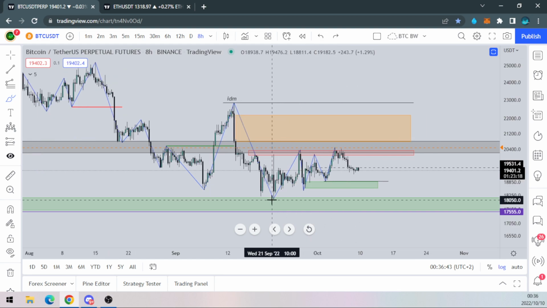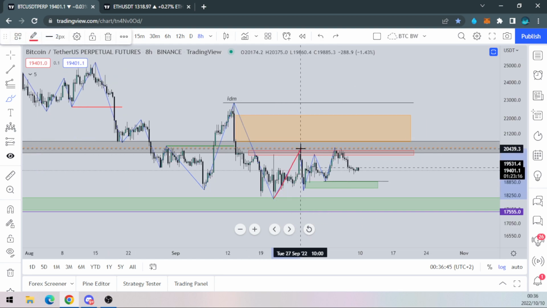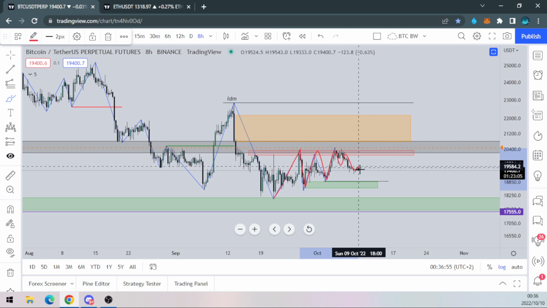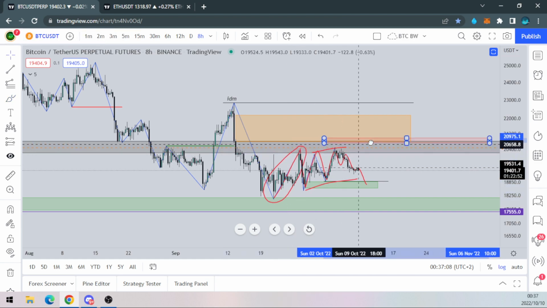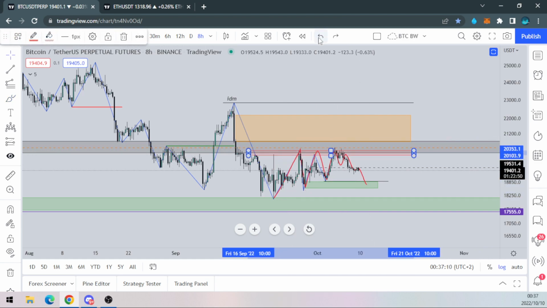We had a move up here, and what this is starting to look like in terms of Elliott wave is an A wave. We have an A here, A, B, C here, and then we are going to look for a C here to complete this B wave. And then we are going to have a move at least equal to this up there, right? So let's get that neater.